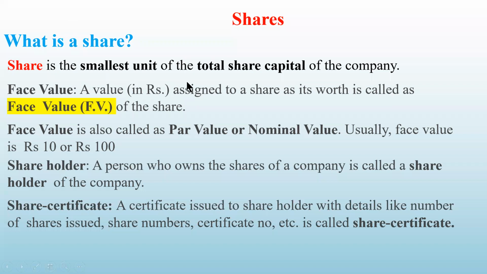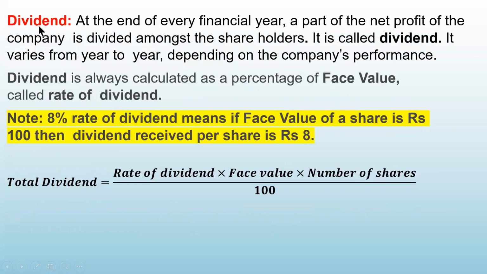Share is the smallest unit of the total share capital of the company. There is a term associated with share, which is called face value. What is face value? It is the value of a share, or the worth of a share. Generally, the share face value is 10 or 100. Then every shareholder gets some share of the profit of the company, that is called the dividend.